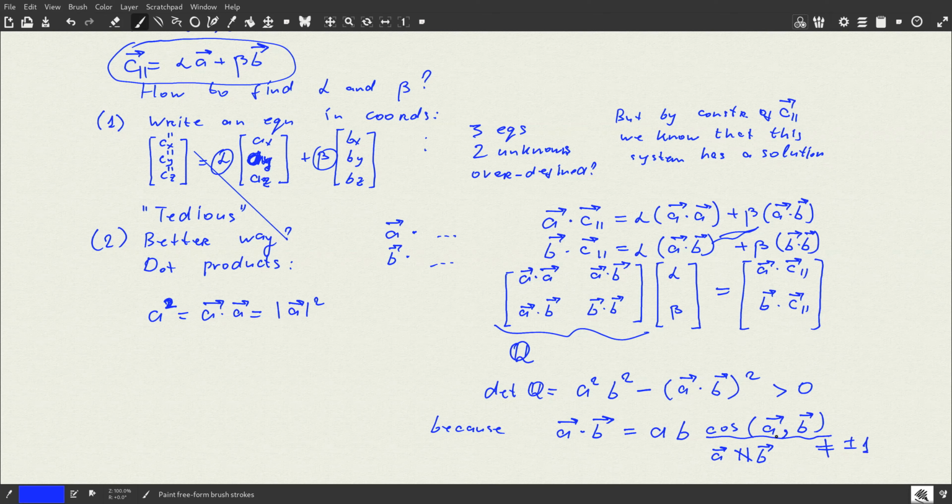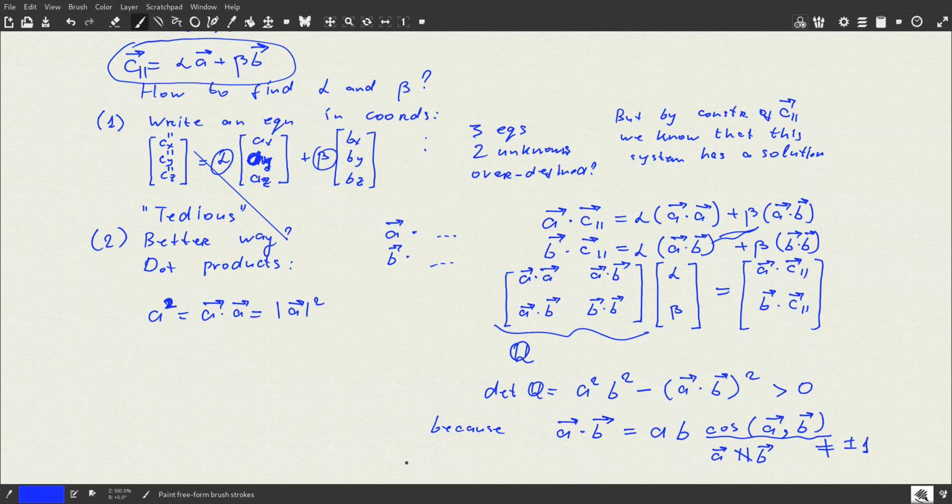If the angle is 0 between them, then it would be 1. If the angle is pi, so they are opposite to each other, then it would be minus 1. But it is neither. They are not collinear. So this cosine is not equal to plus minus 1.